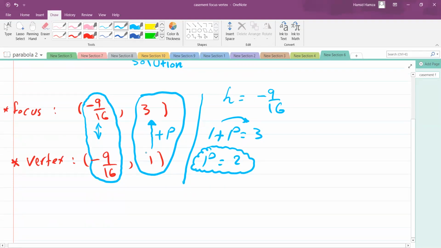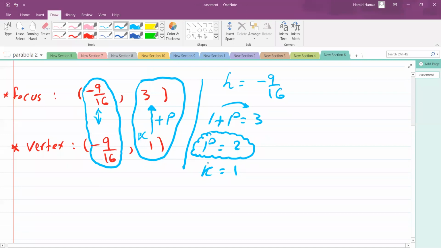This is the value of k, guys. So k equals what? Equals 1. This is the third part.